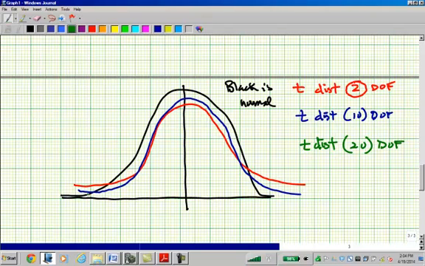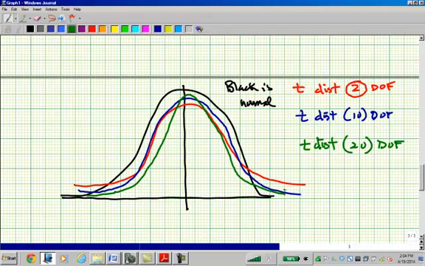Okay. The tail will still be fatter than the normal. It'll be less fat than the degrees of freedom of 10. It'll be a little bit taller. Okay. But the tail is still more spread out than the normal distribution.